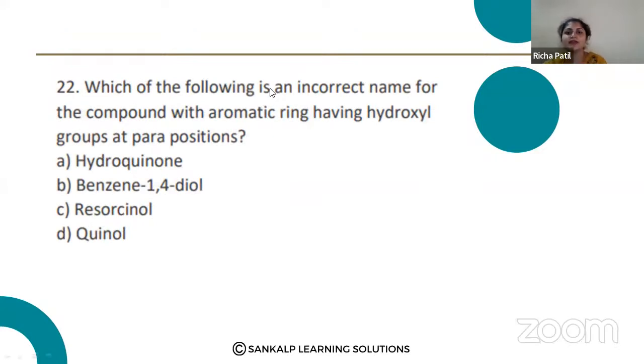Which of the following is an incorrect name for the compound with an aromatic ring having hydroxyl groups at para position? What is the incorrect name? Hydroquinone.